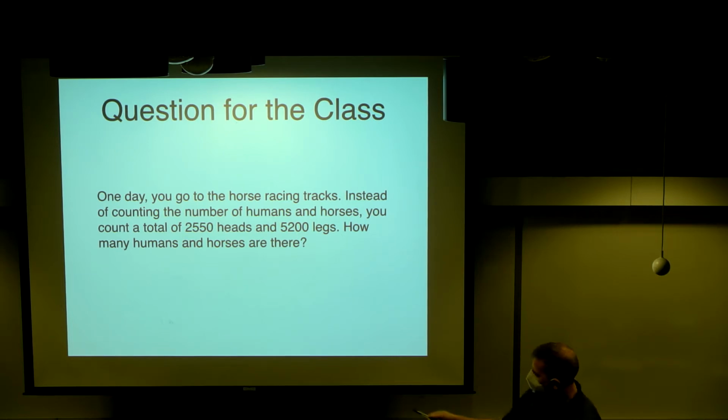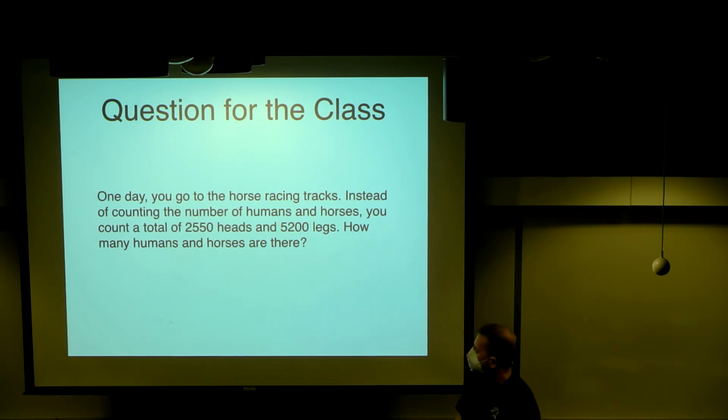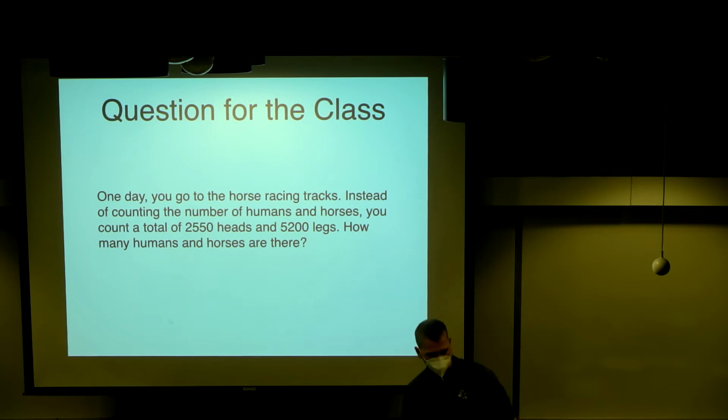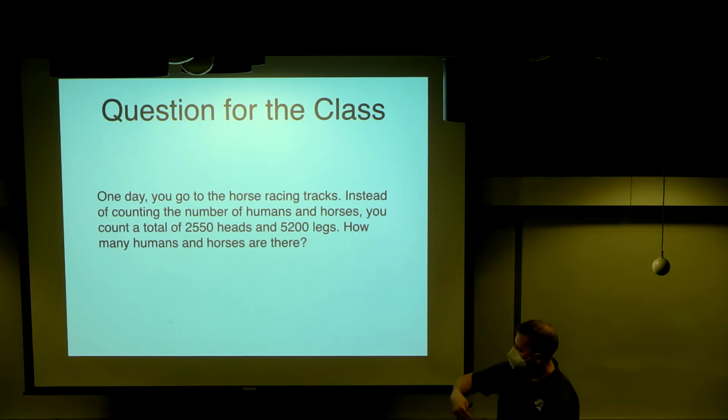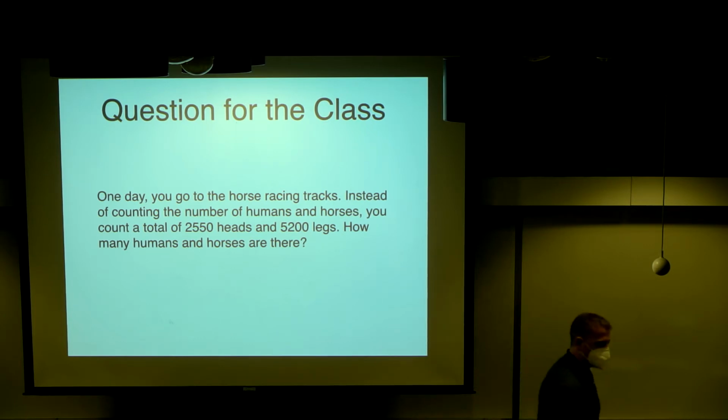So between the humans and the horses, you see there are 2,550 heads and 5,200 legs. So based on that, how many humans are there? How many horses are there? Assume a horse has 4 legs, a human has 2 legs. Assume everyone has 1 head. Okay? So try it out, take a few minutes, and see what you get.